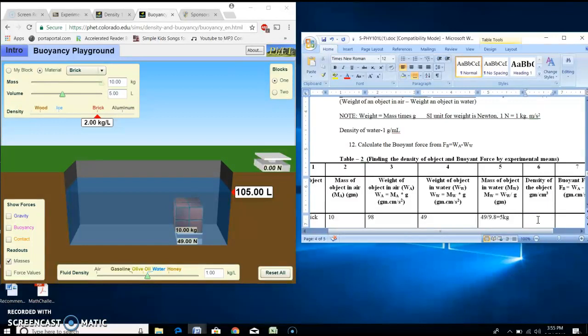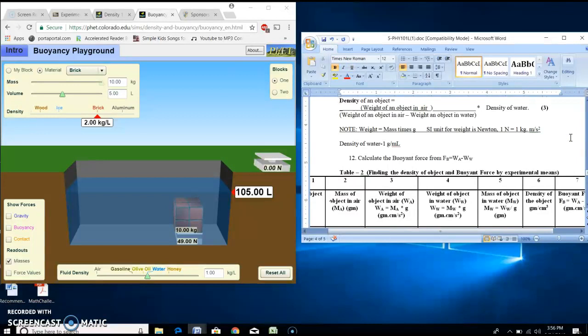The density of the object is nothing but mass over volume. We are trying to find out the density of the object when it is dipped in the water, so I want you to use this formula right here: weight of the object in air, which is 98, divided by 98 minus 49, times 1.